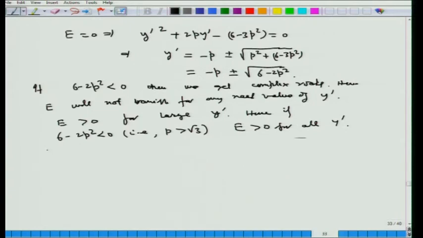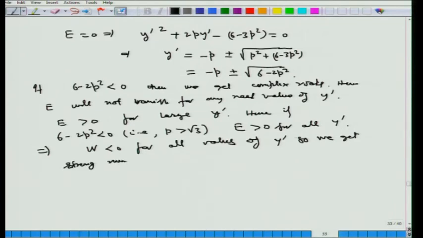And so, this will imply that W is negative for all values of y prime. So, we get a strong maximum for P greater than root 3. So, that is the first case.